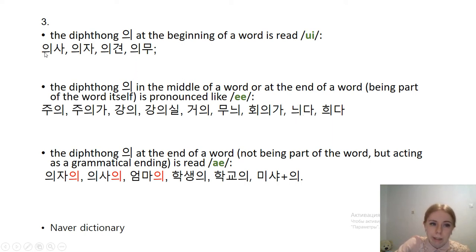If you see the 의 diphthong at the beginning of the word, you have to read it like 의. But if there is any other consonant sound, like here, n plus 의, you have to read it like 이. And here it's the same. If you see a consonant sound n plus diphthong 의, in this case you also read it like 이. So we have 문의 and 니다, 히다, and any other consonant.